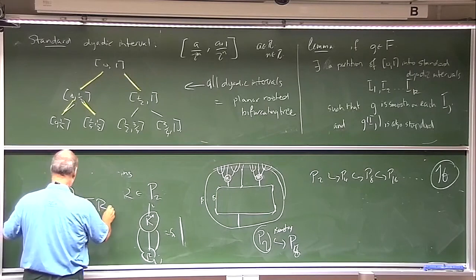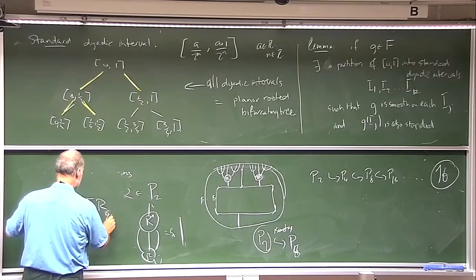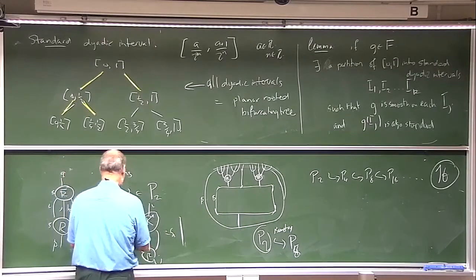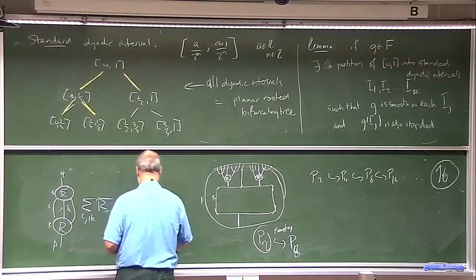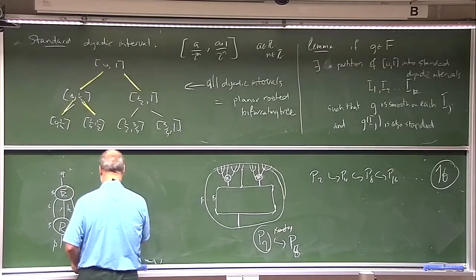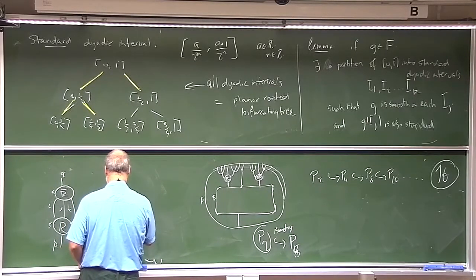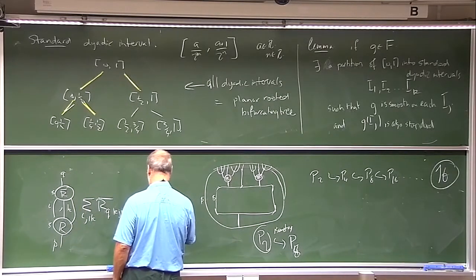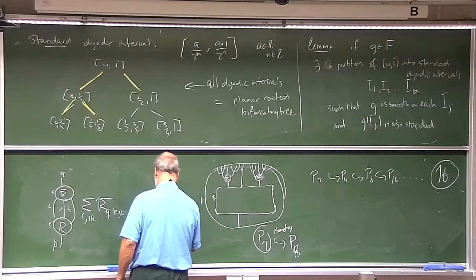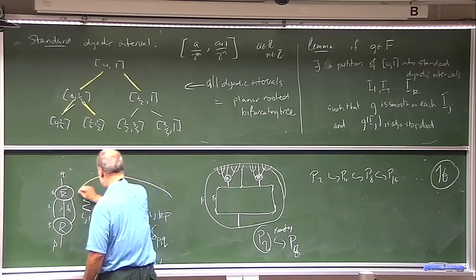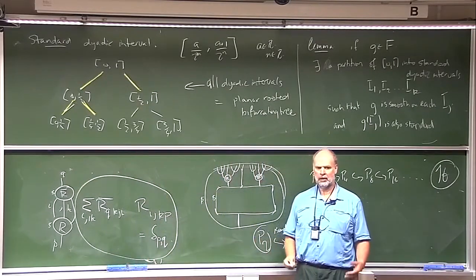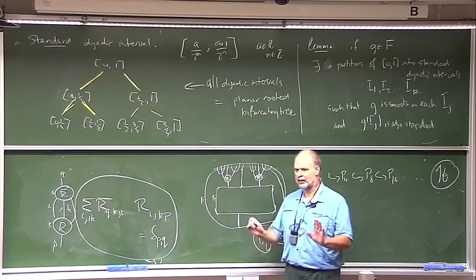So Q, J, K, Q, K, J, taking a tensor with 4 indices with this property, and believe me, there's tons of them.